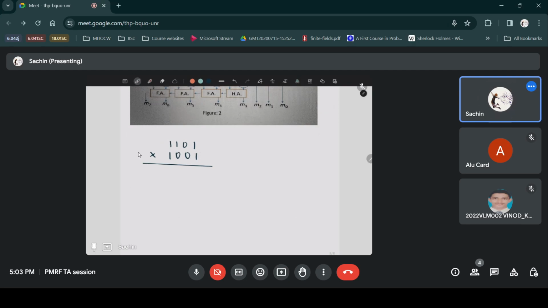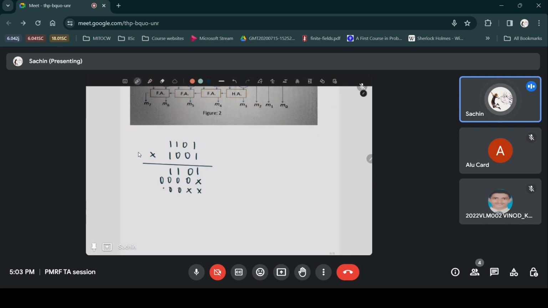1 times 1101 is 1101. Then you leave a blank space. Then you do 0 times 1101, which will give you 0000. Then shift by 2 places, multiply 0 times this 1101.